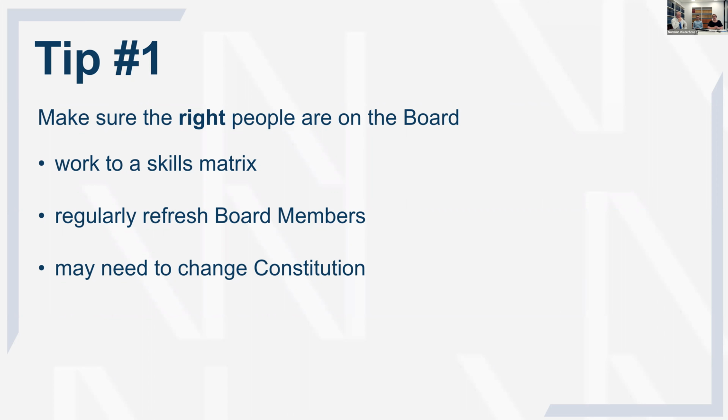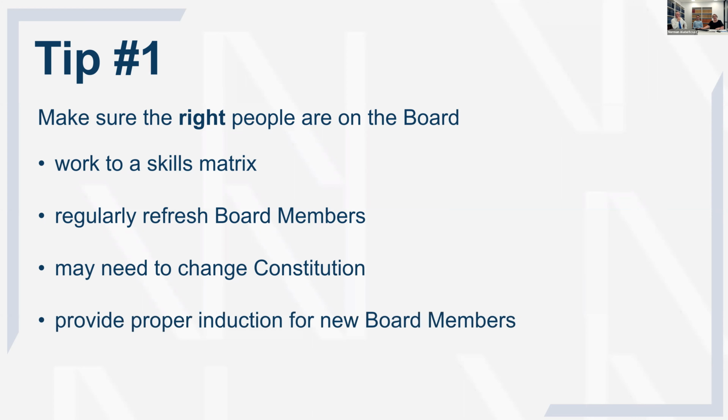And that's where you can have mechanisms to ensure, for example, that there's someone on the board who's got a high degree of financial literacy, or someone who's got a legal or a governance background. So this, I think, is a real challenge for getting the right people on the board if you just rely on the process of having nominations and elections from members. So that's a bit of food for thought.